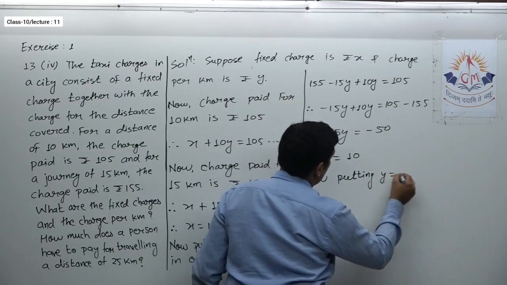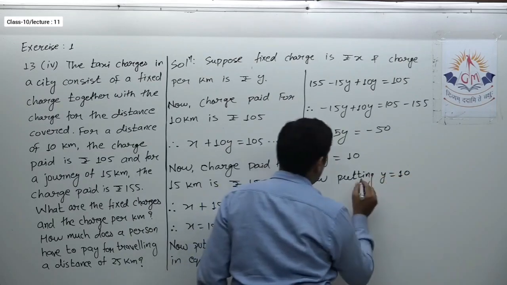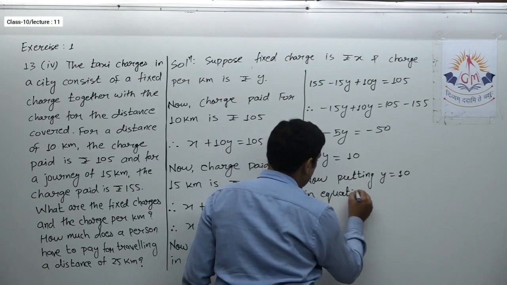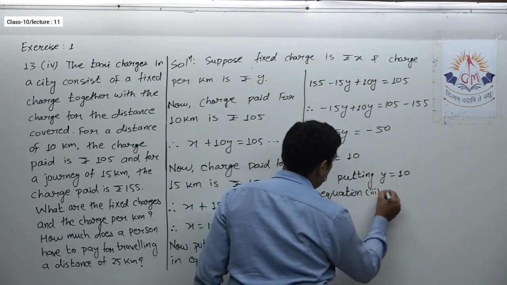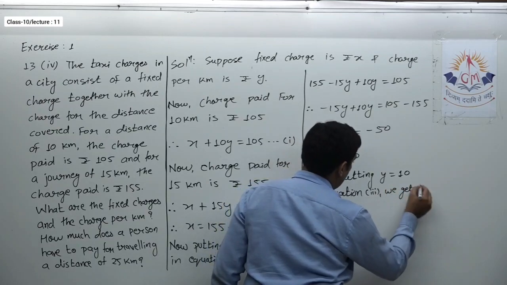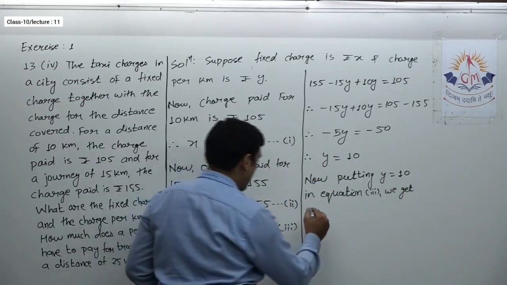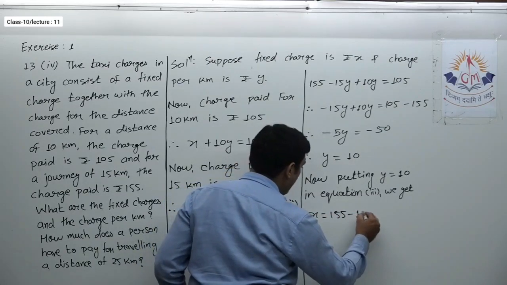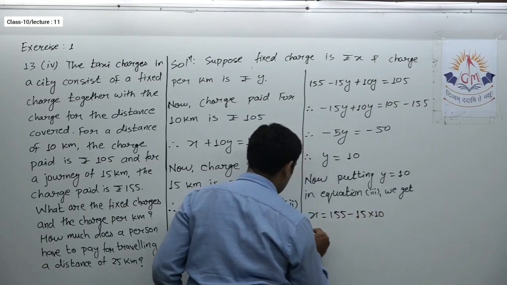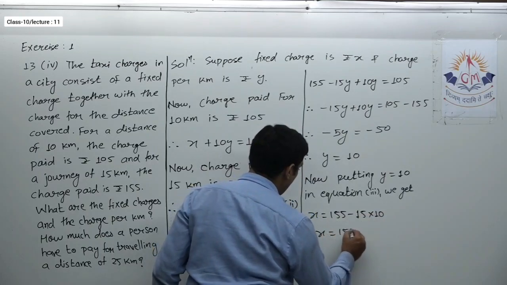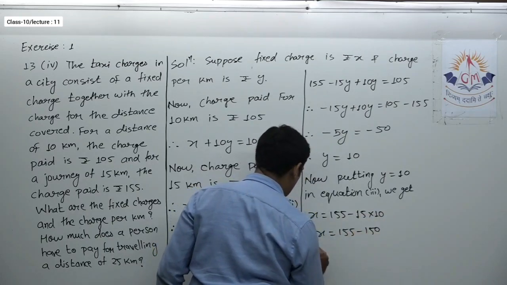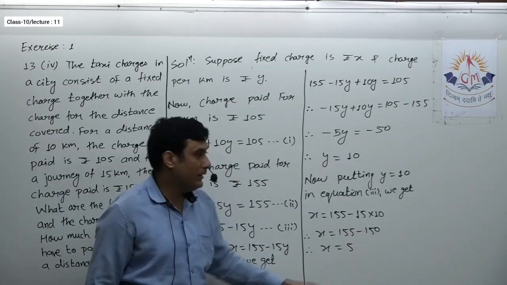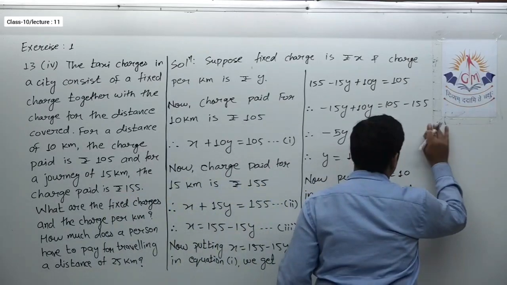Putting y equal to 10 in equation 3, we get x is equal to 155 minus 15 multiplied by 10. Therefore x equal to 155 minus 150, and hence x is equal to 5. That means the fixed charge is rupees 5. So this is over.